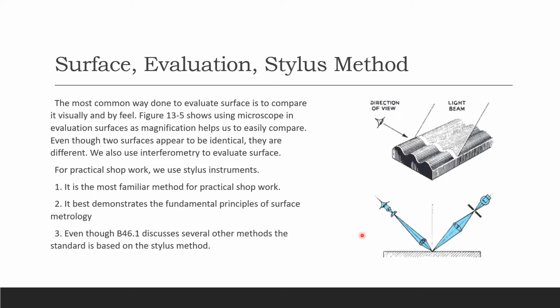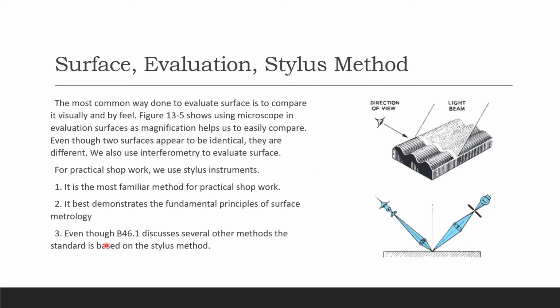For practical shop work, we use a stylus instrument to study the surface. It's the most familiar method for practical shop work, and you can see many merchants selling that kind of instrument so that you can use it to study any kind of surface. It best demonstrates the fundamental principles of surface metrology.